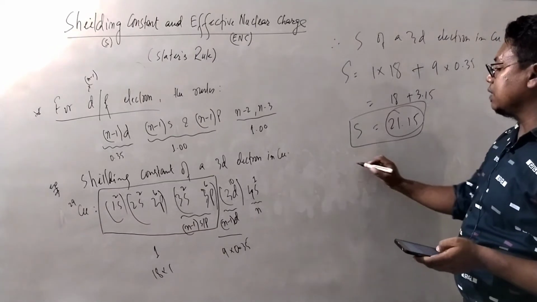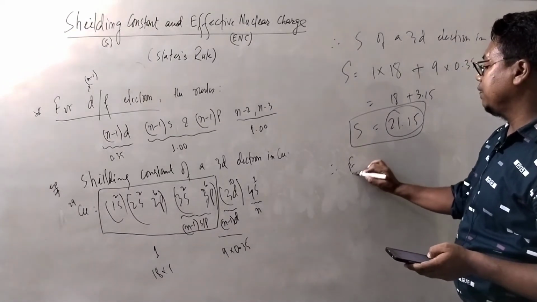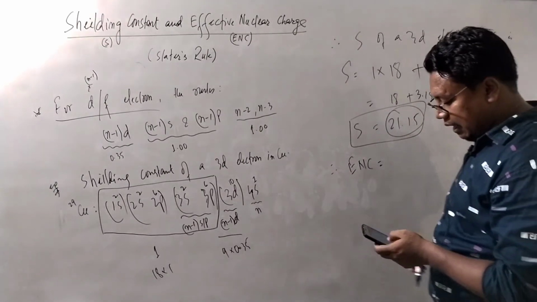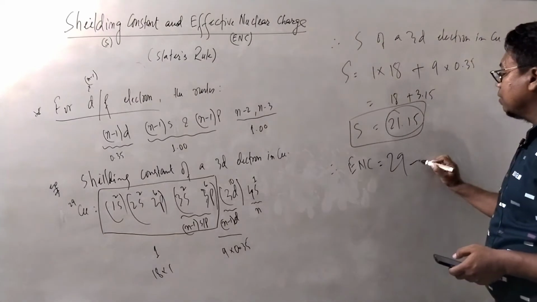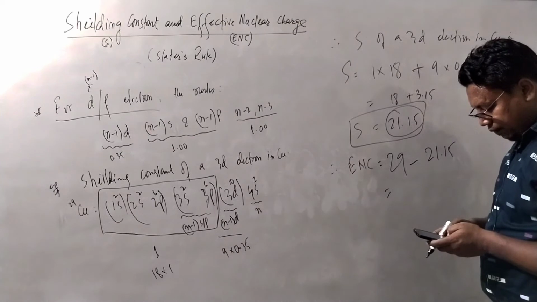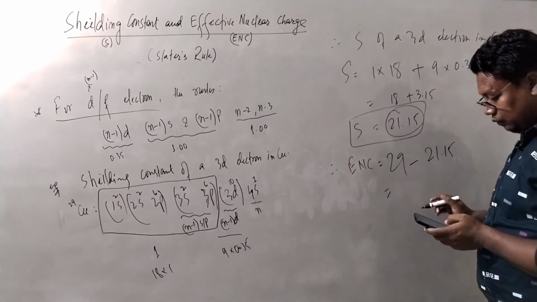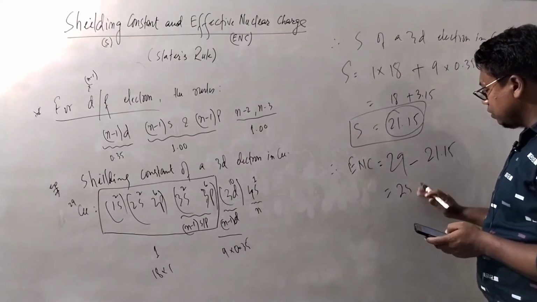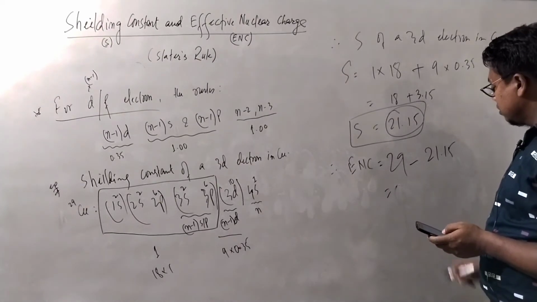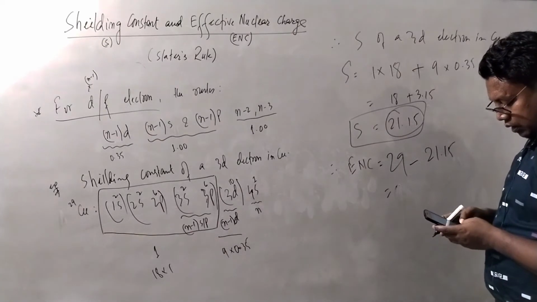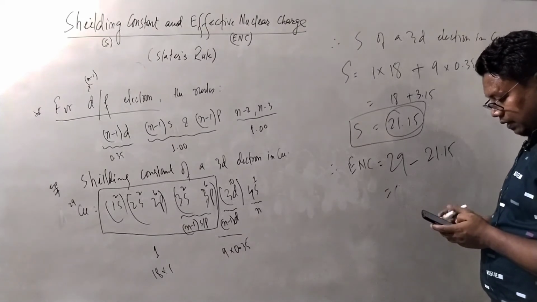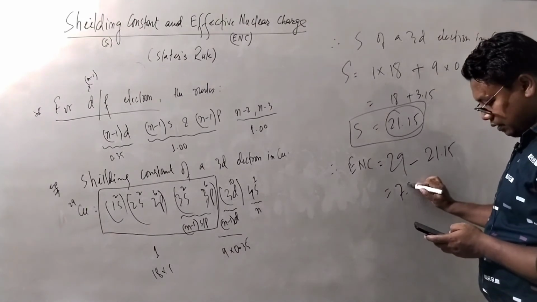and therefore effective nuclear charge would be Z minus S, and Z of copper is 29 minus S is 21.15, and this would give 20, no, this is wrong, sorry, this is 29 minus 21.15, this is 7.85.